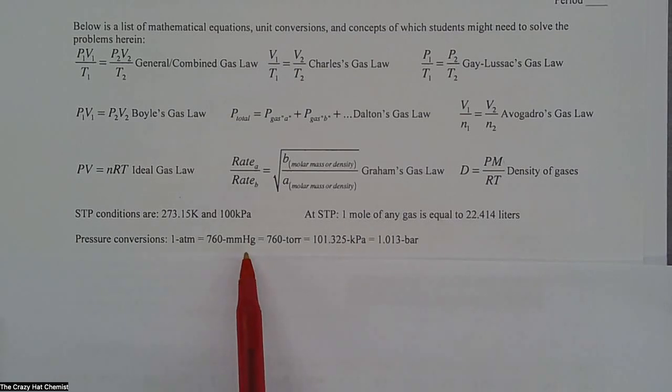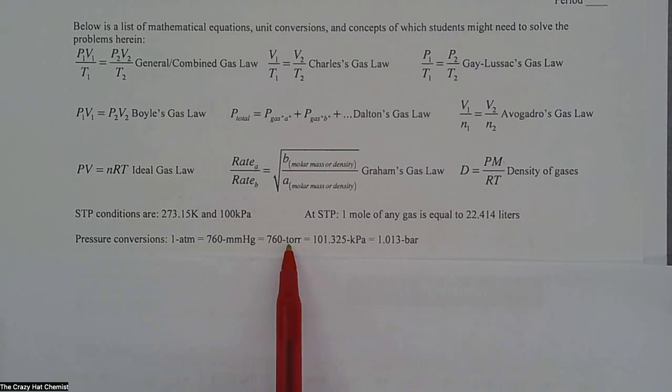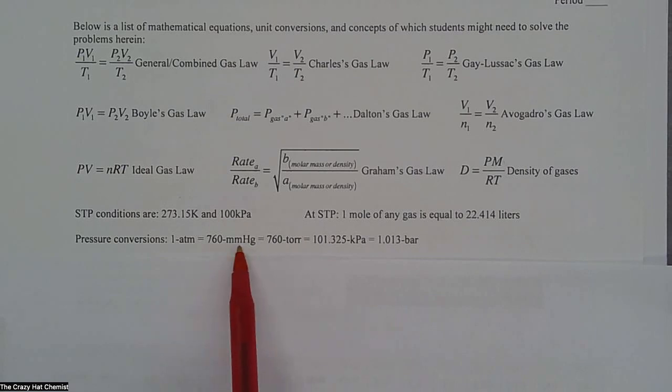Torricelli was the Italian scientist that designed the mercury barometer, and that's why it's torr, for Torricelli. And millimeters of mercury, well, he actually used mercury for his barometer.